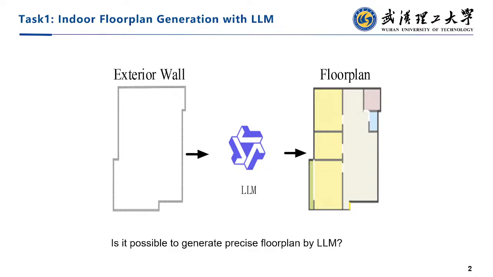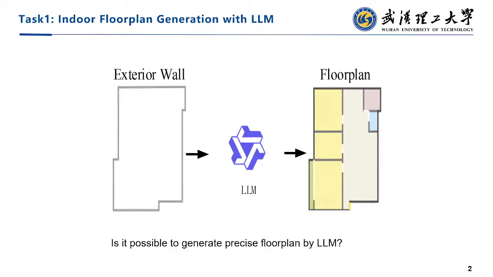Nowadays we use a lot of generative AI, especially large language models, and we know it's very powerful. But a large language model is good at natural language, so is it possible for it to do geometric and numeric reasoning?